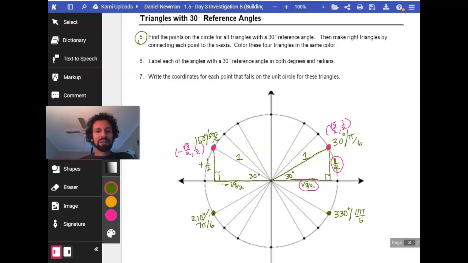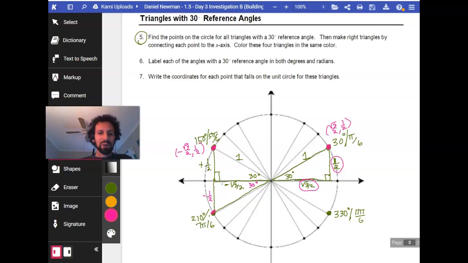Now, you can see that it looks like we're going to have a similar situation here. If we look at this triangle, that's going to be the same as all the other triangles that we've looked at so far. So we're going to have a similar conclusion with the coordinates. If we label the sides here, we go left rad 3 over 2, so negative rad 3 over 2, and then we go down 1/2, so negative 1/2, since again we have a 30-degree reference angle for 210 degrees.